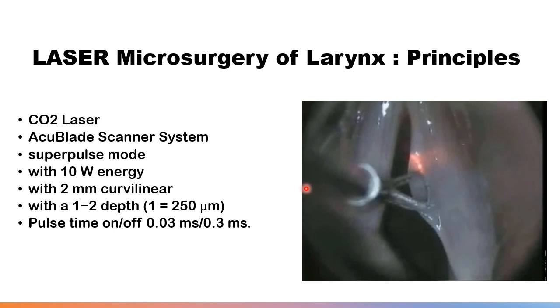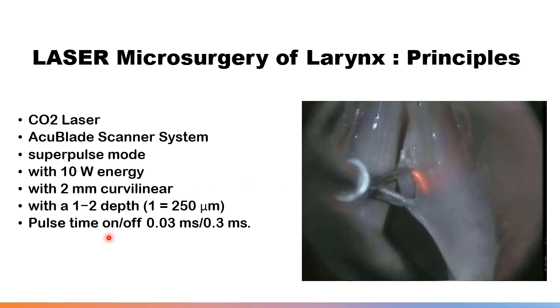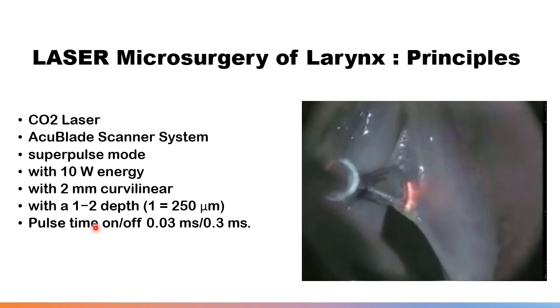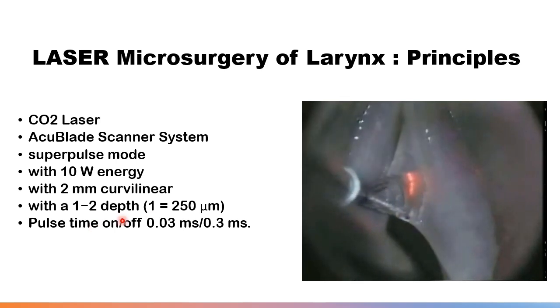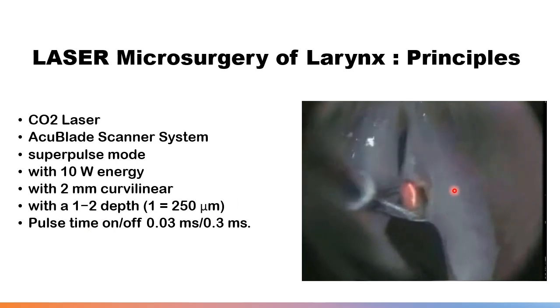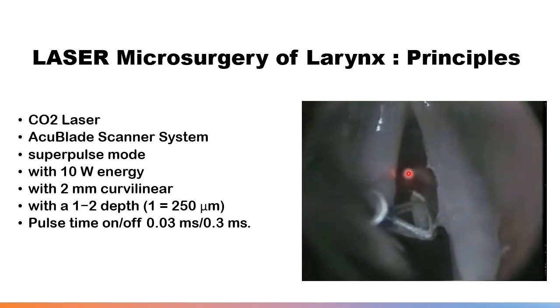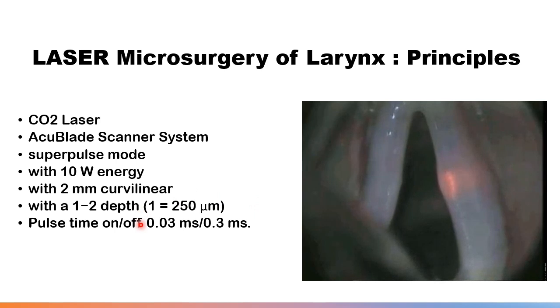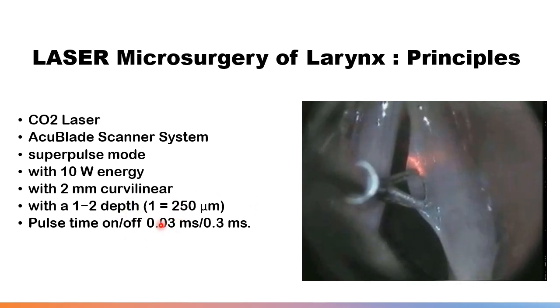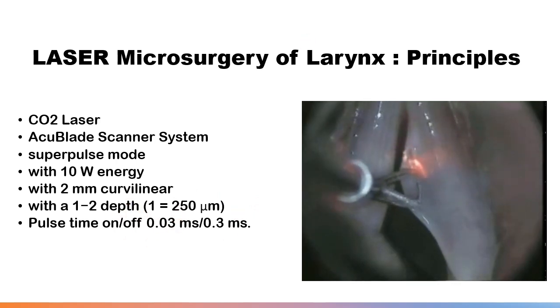And also he would have to decide, if he is using a pulsed energy, the time in which the energy is pulsed on to deliver the amount of energy required for cutting or ablation, and also the time in which the pulse is off to allow for the cooling of the tissues.